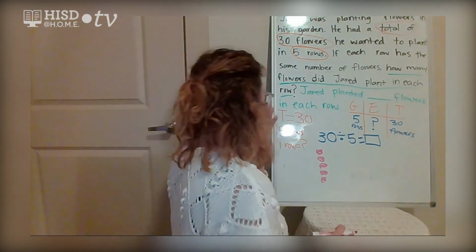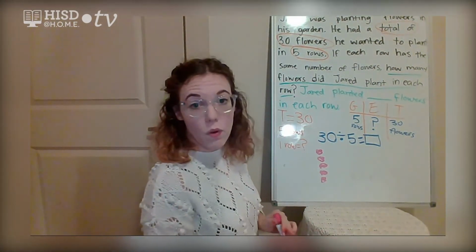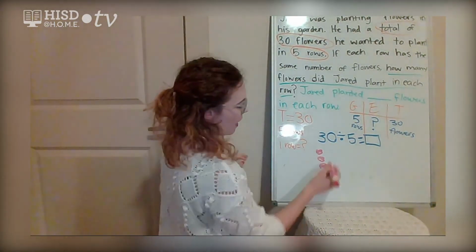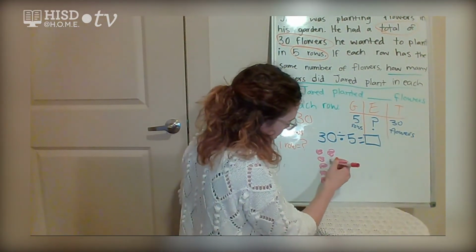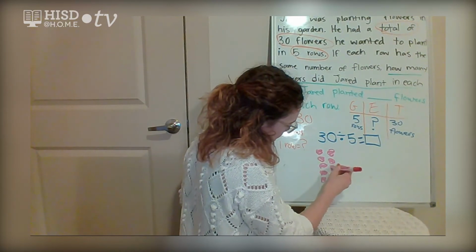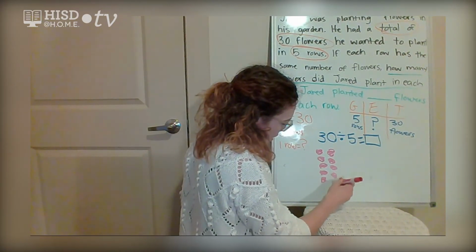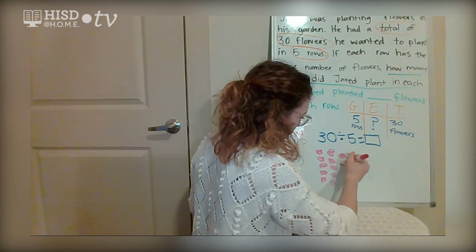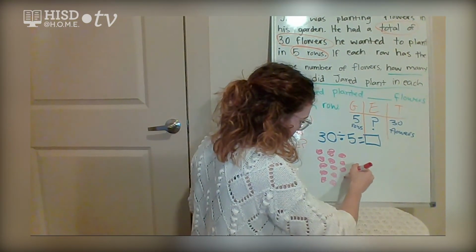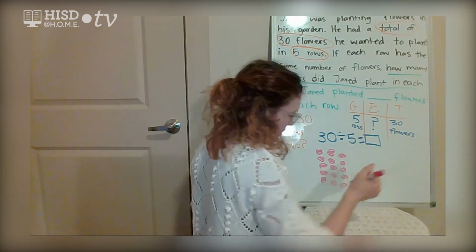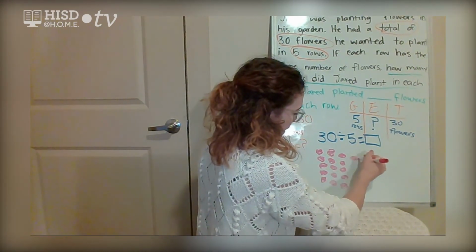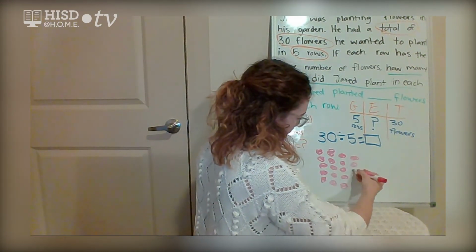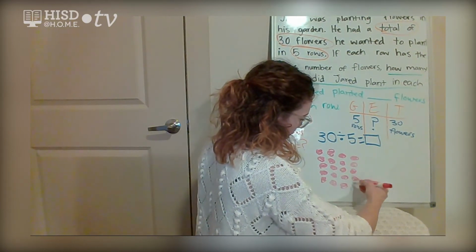Now I'm going to keep making them until I get to 30, one at a time. 5, 6, 7, 8, 9, 10, 11, 12, 13, 14, 15, 16, 17, 18, 19, 20.